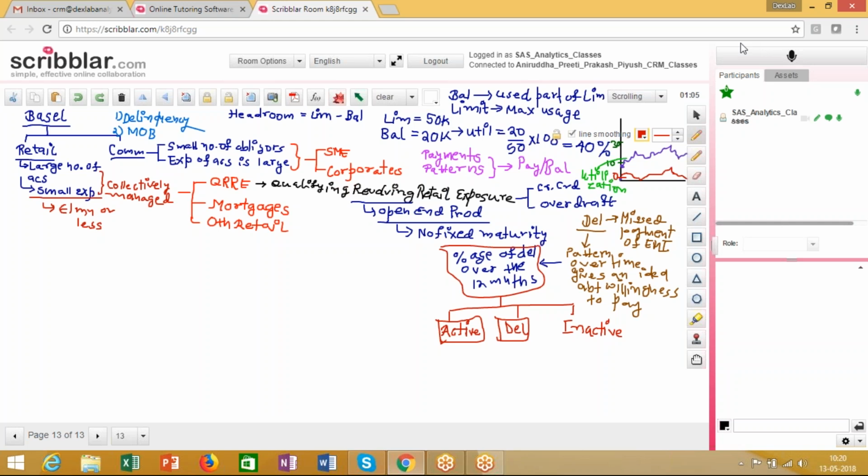Say this guy has been only 3 or 4 months on the books of the bank, right? And he has been paying his EMIs on time. Based on that, I consider him to be a good borrower, and I place him under the active segment, and I get a relatively lower PD estimate, and everything is done. But as the borrower matures, say over 8, 9, 10 months, he starts getting delinquent, right?